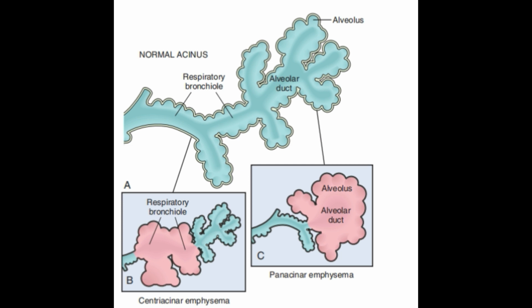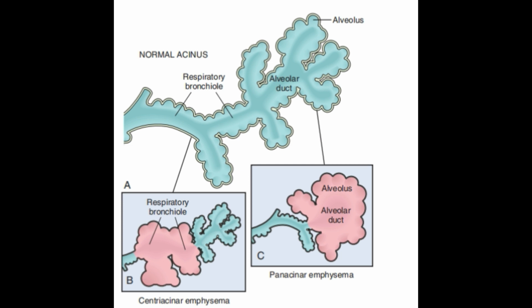Now panacinar emphysema, which we also call panlobular emphysema. In panacinar emphysema, the acini are uniformly enlarged from the level of the respiratory bronchiole to the terminal blind alveoli. In contrast to centriacinar emphysema, panacinar emphysema occurs more commonly in the lower lung zones and is associated with alpha-1 antitrypsin deficiency.